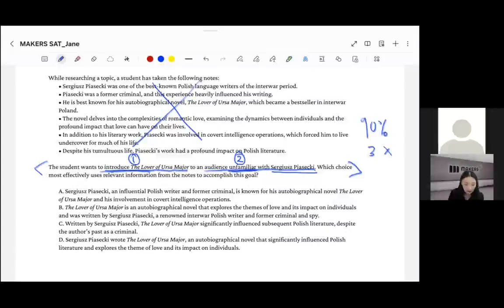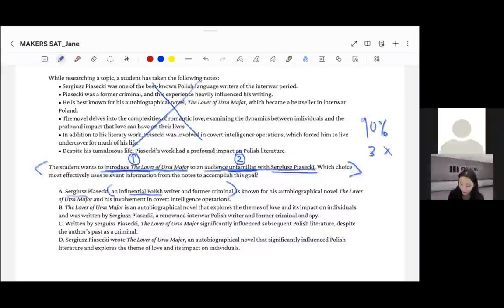A. Sergiusz Piasecki, an influential Polish writer and former criminal, is known for his autobiographical novel, The Lover of Ursa Major, and his involvement in covert intelligence operations. When we take a look at points 1 and 2, it is introducing who he is: an influential Polish writer and also a criminal.